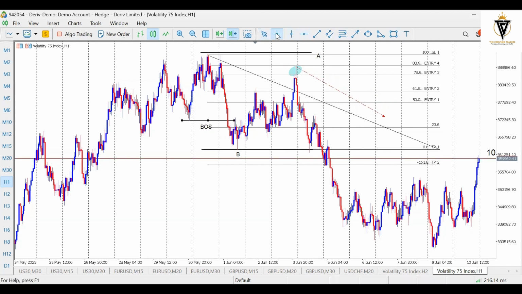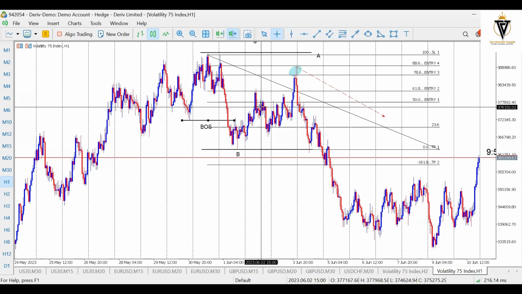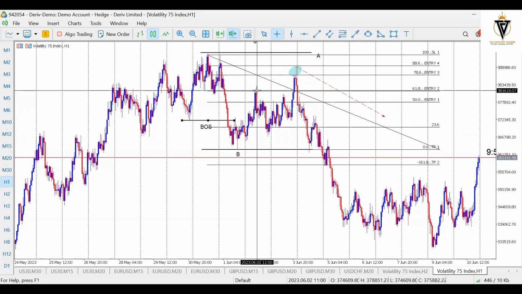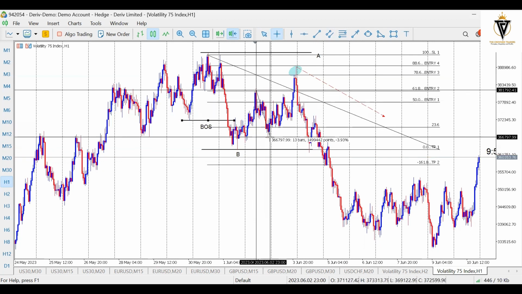At initial, it respected our 50 level. We check closely. It first respected our 60, 61.8, gave us a few pips, let's say 15 pips, 150 pips thereabouts.